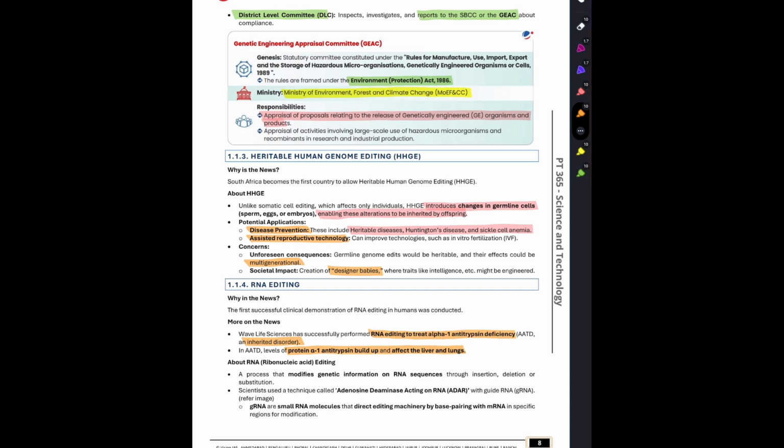About RNA editing, ribonucleic editing, a process that modifies genetic information on RNA sequences through insertion, deletion, or substitution. Scientists use techniques called adenosine deaminase acting on RNA (ADAR) with guide RNA (gRNA). gRNAs are small RNA molecules that direct editing machinery by base pairing with mRNA in specific regions for modification.